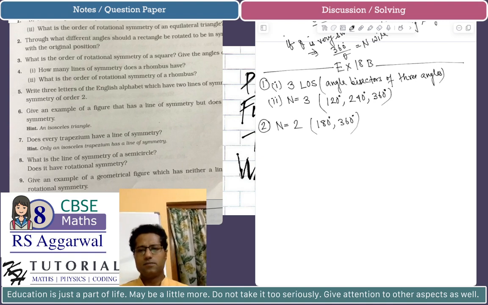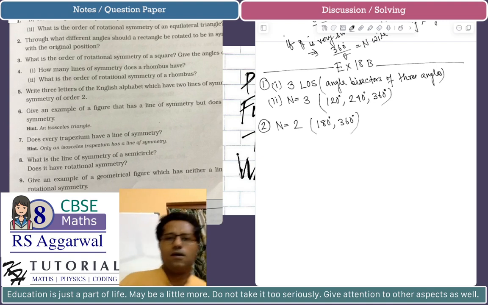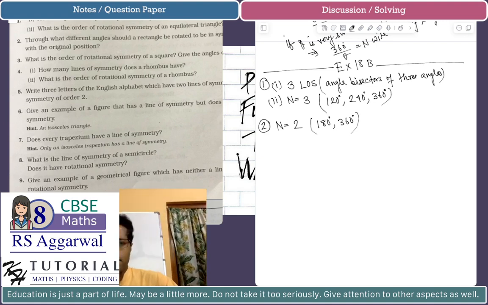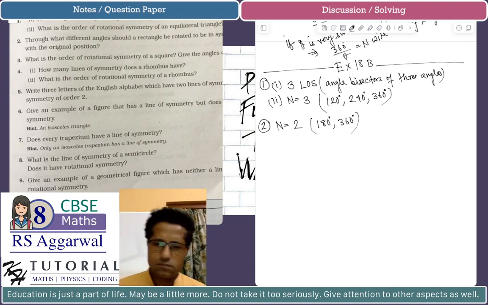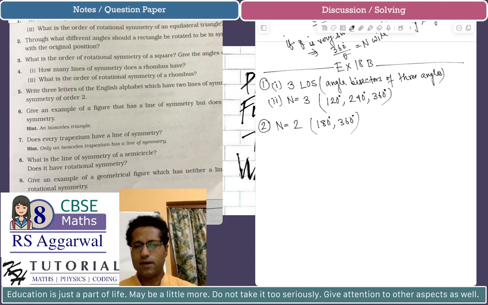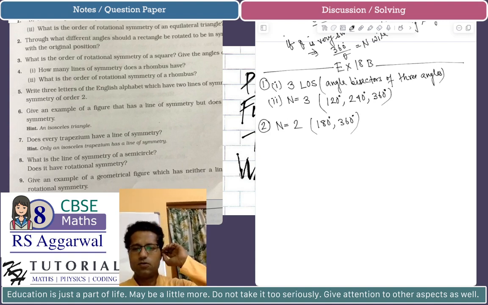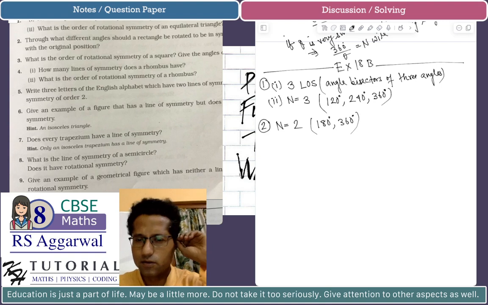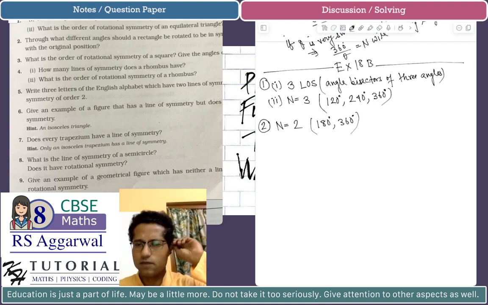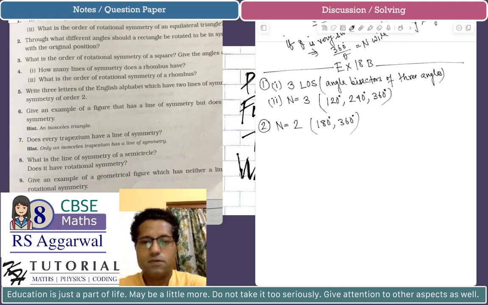If you rotate the rectangle by 180 degree, then it will look identical. Again, if you rotate it by 360 degree, it will look identical. So there are two angles of rotational symmetry, 180 degree and 360 degree, and since there are two angles, the order of rotational symmetry is 2 for a rectangle.